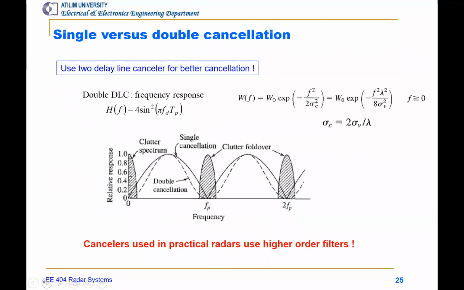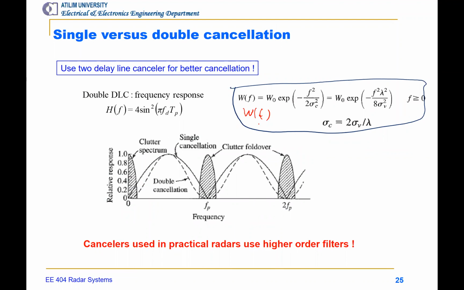So one way to model this clutter spectrum is to use this Gaussian spectrum. You can see on the right hand side W of f, which has a Gaussian form.